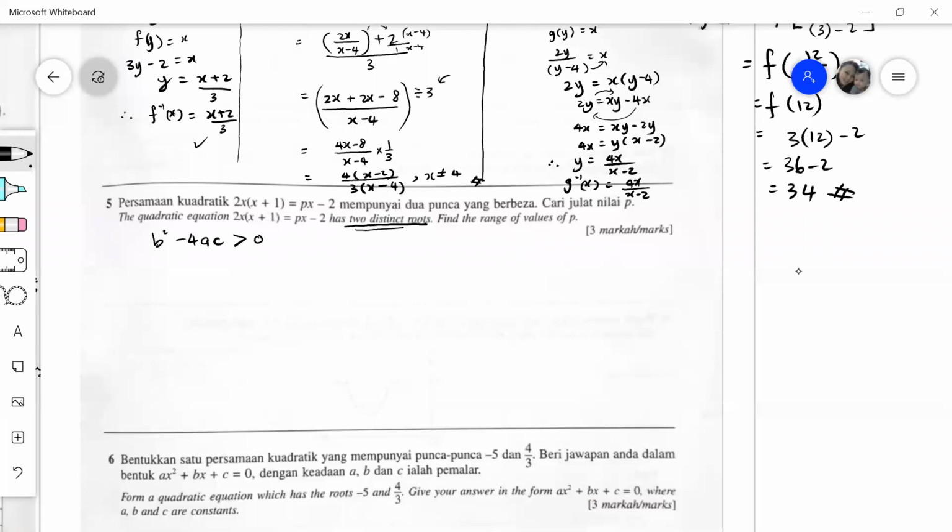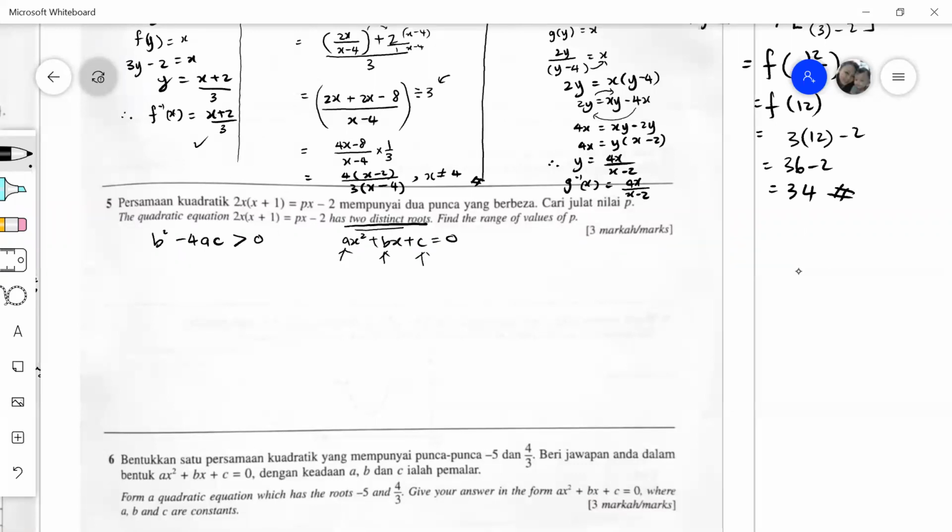Okay, now before we use this one, we have to make sure our equation is written in the form of ax squared plus bx plus c equals 0. We have to make sure it's written in such, then only we can use the a, the b, and the c. Clear? So with that, it is not in the ax squared plus bx plus c form, this general form we call it.